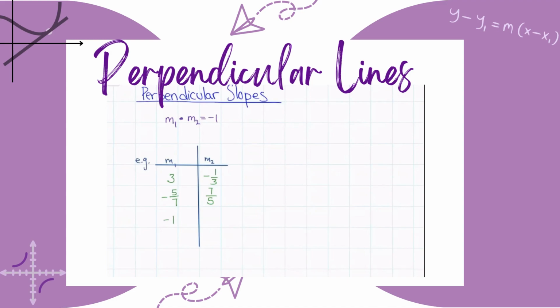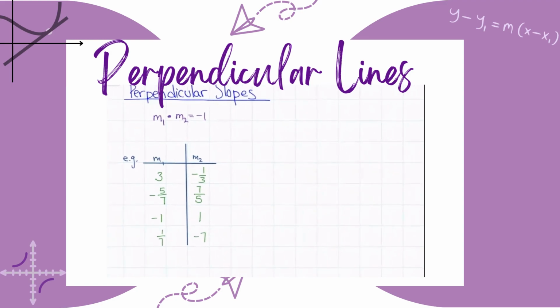Just 1. If my slope 1 was 1/7, what would be my slope 2? -7. Any question? No. So that was perpendicular slopes.